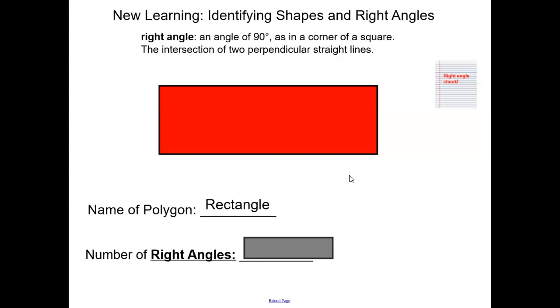You're exactly right. A rectangle has 4 right angles, and I could use my right angle checker or a piece of paper to check each angle to make sure it's a perfect corner where 2 perpendicular straight lines meet. You're right. All rectangles have 4 right angles.